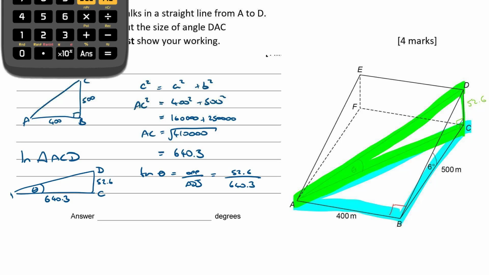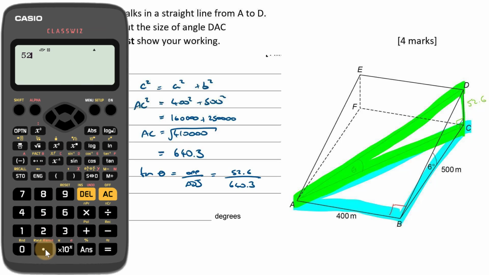So tapping that into the calculator, 52.6 divided by my previous answer, that's 0.08 something, and then I'm going to do shift tan answer of that to find the inverse tangent. I get an angle of 4.696, which I'm going to round off to 4.7 degrees. So theta is equal to about 4.7 degrees.